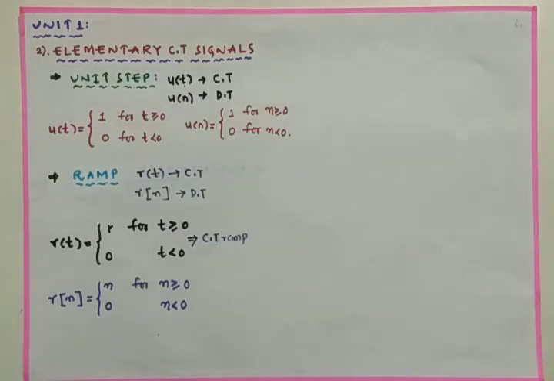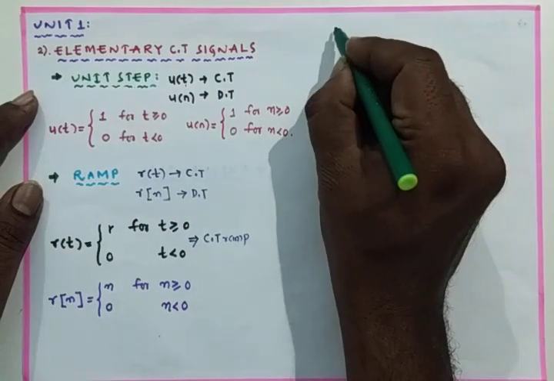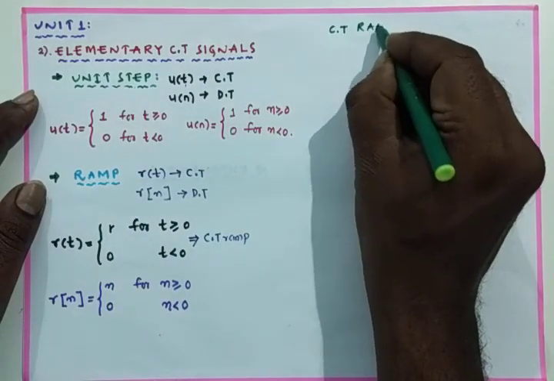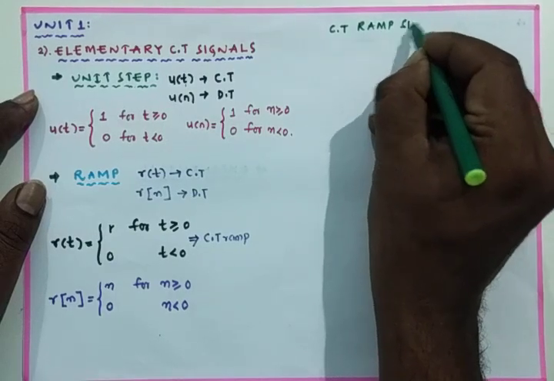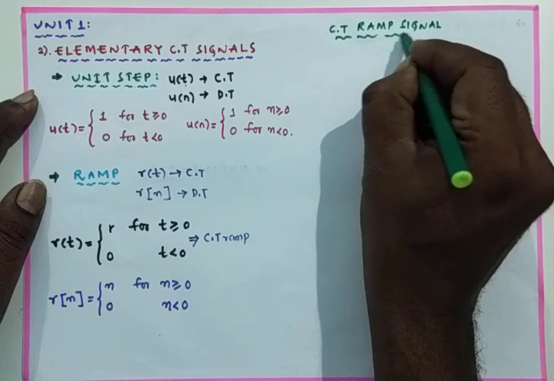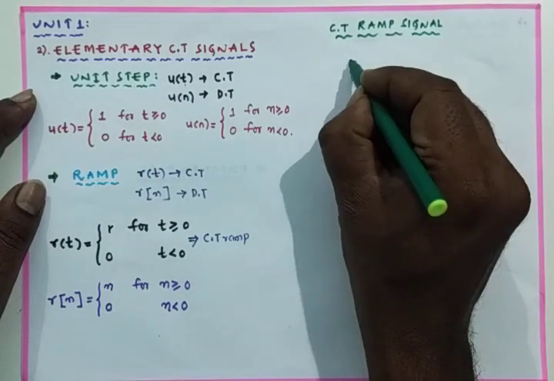Now I am going to draw the continuous time ramp signal. What is the definition of the continuous time ramp signal?